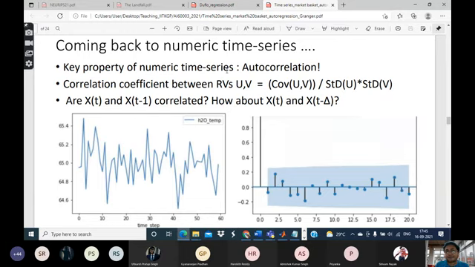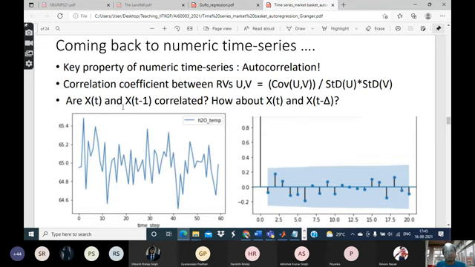If x increases, does it automatically mean that at t equal to 30 there will also be a rise? Or suppose at t equal to 45 there is a drop in the value of x compared to t equal to 44, can I expect that there will again be a drop at t equal to 46? If these things happen, then we can say that x_t and x_{t-1} are correlated.